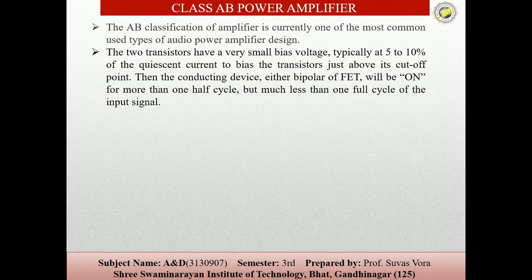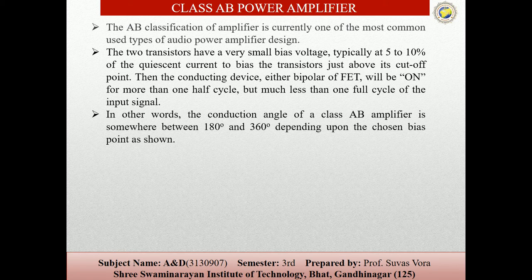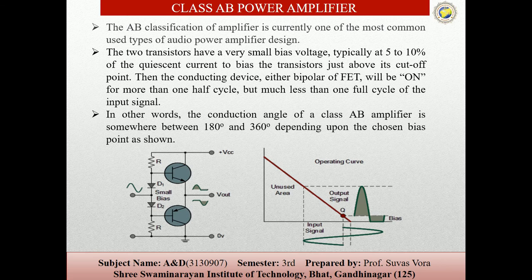So the conducting device, either bipolar or FET, is on for more than half the cycle. In other words, the conduction angle of the class AB amplifier is somewhere between 180 and 360 degrees, depending on the choice of the bias point. So here we can choose the point on the signal.